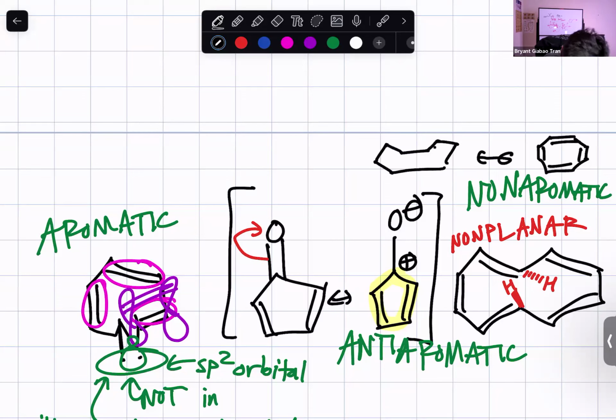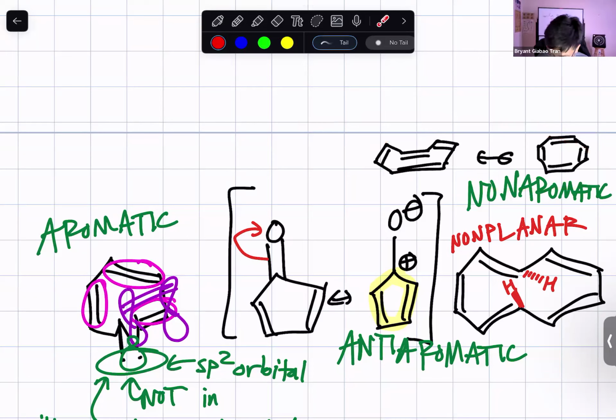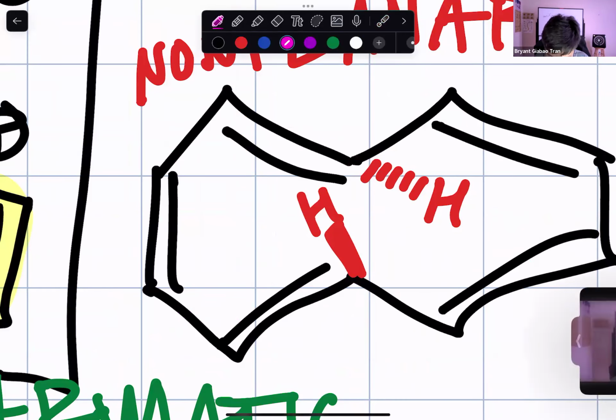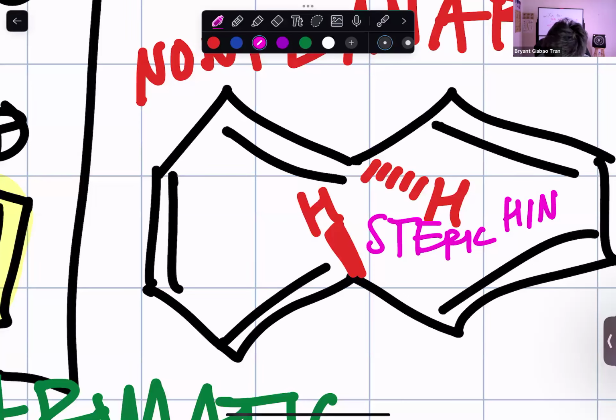So that's not planar anymore. So this is also non-aromatic. This is non-planar because of the steric hindrance going on here. Like it ain't a flat plane. One going up and one going down.